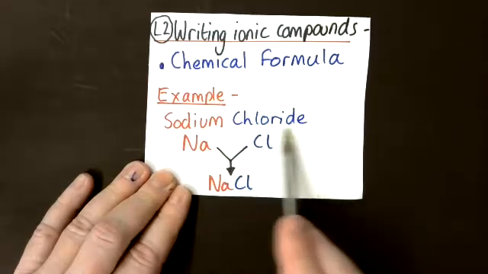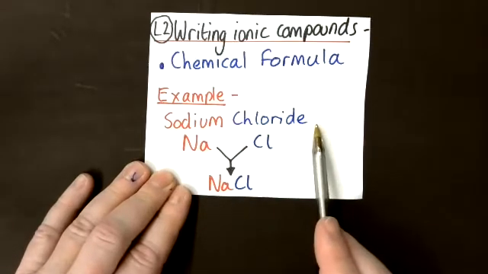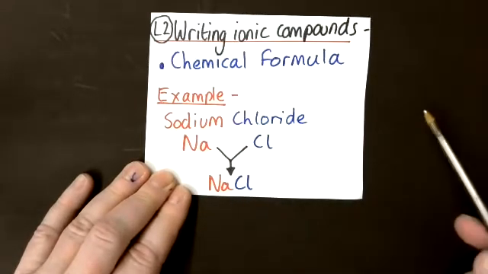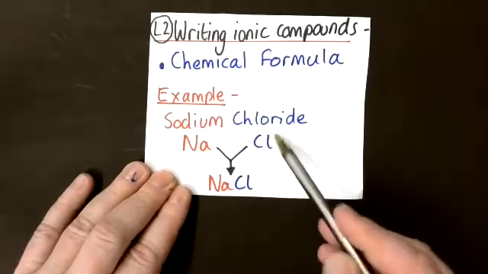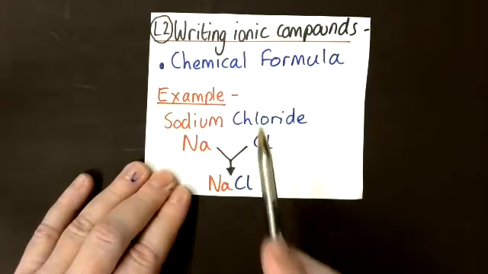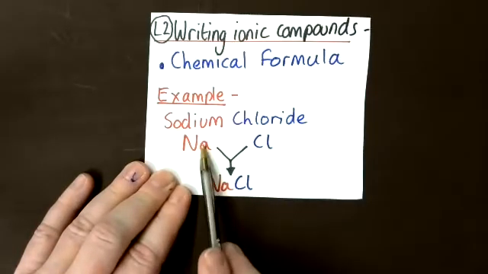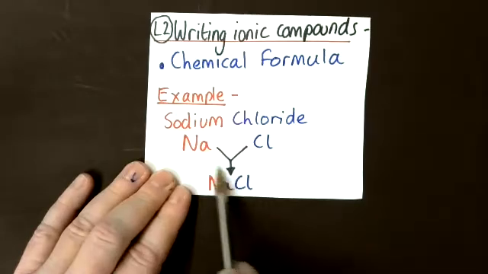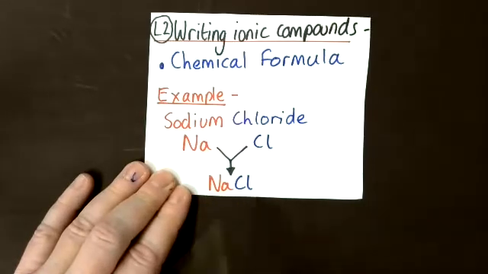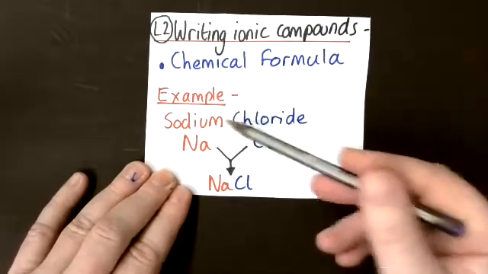Now, chloride is the ion of chlorine, which is Cl. The compound is these two combined, so we simply write it as NaCl. So NaCl is the chemical formula for sodium chloride.